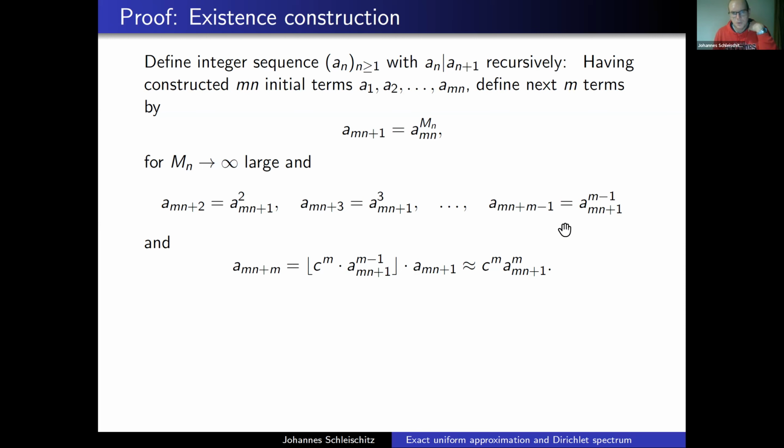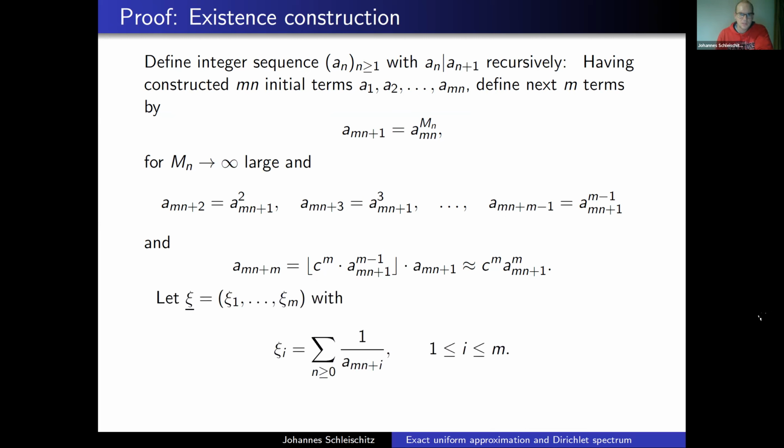It should be a multiple of this previous term. So I think the c to the m, this m minus 1, should probably be at the other term. But anyway, basically that's the idea. I want it to be of size c to the m times the factor, and the factor c to the m will give me that I have constant c.